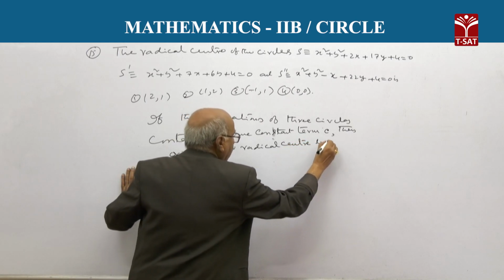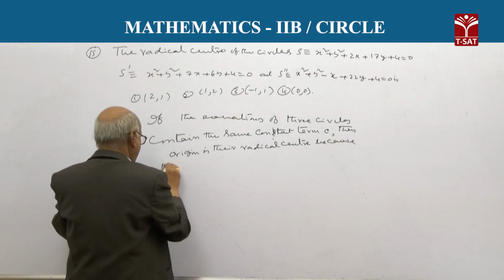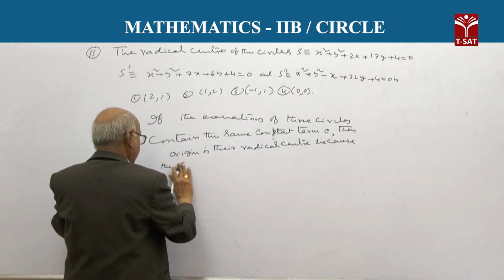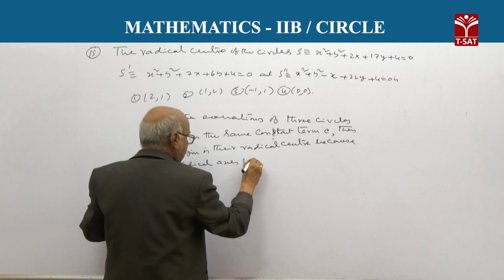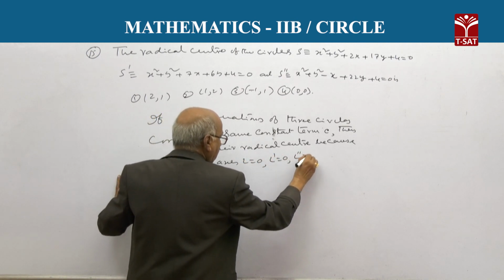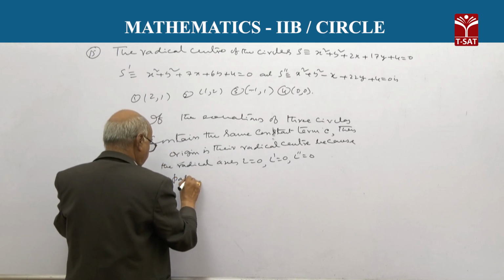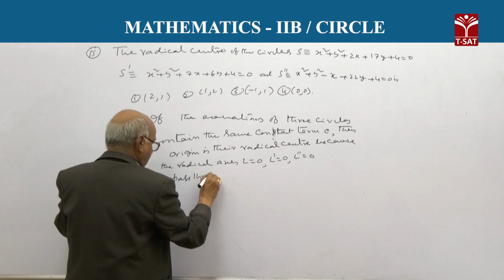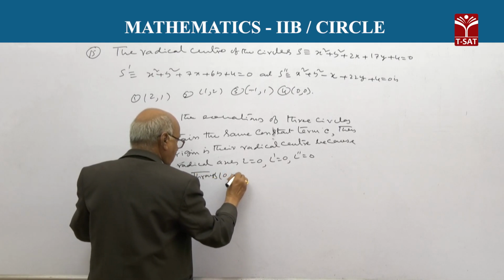Because the radical axes L equal to 0, L dash equal to 0, and L double dash equal to 0 pass through the origin, 0, 0.